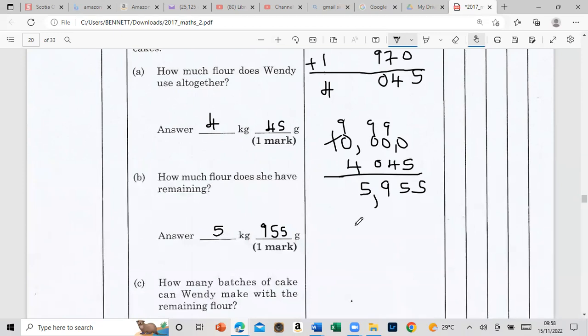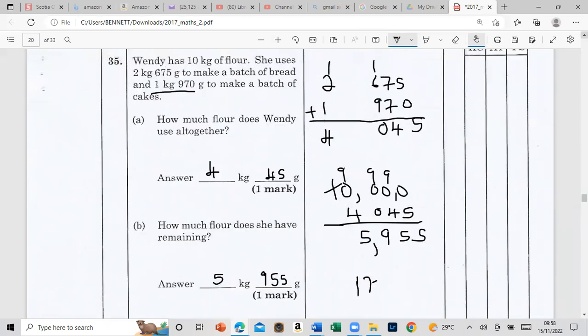Let me just check. Look, it's 3. Alright, so let's see how much it takes to make one. 1,970.